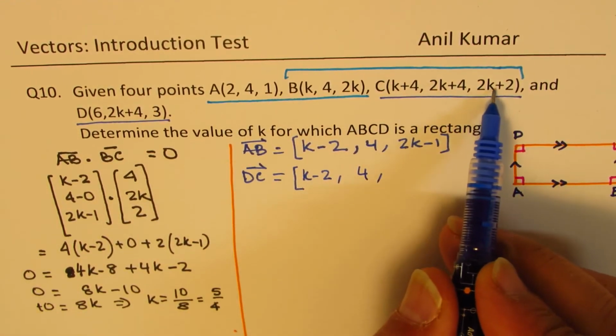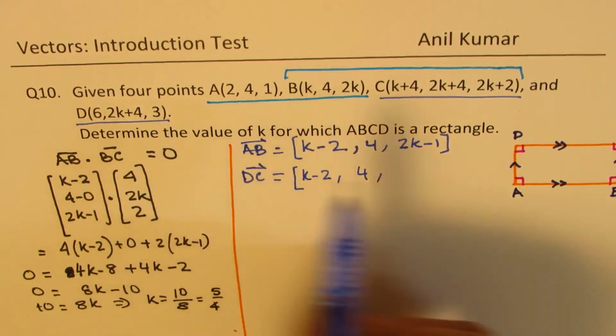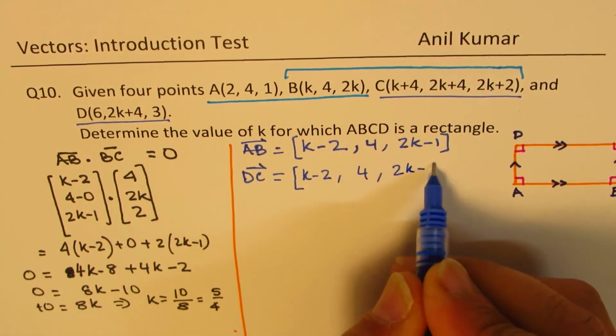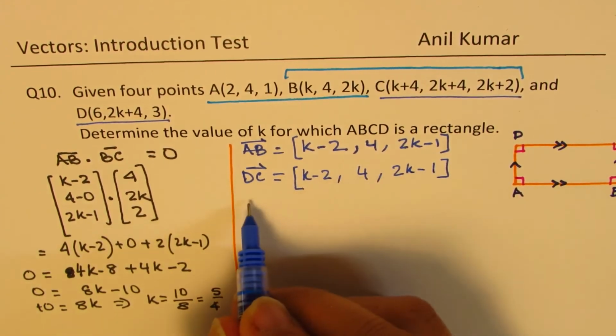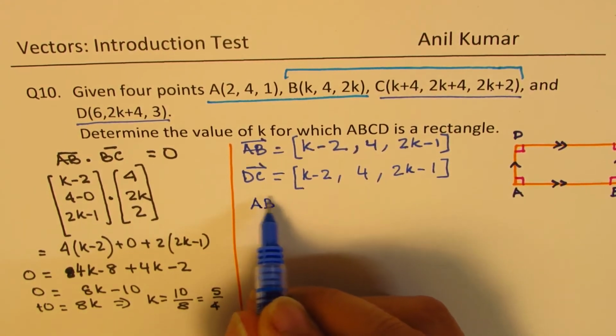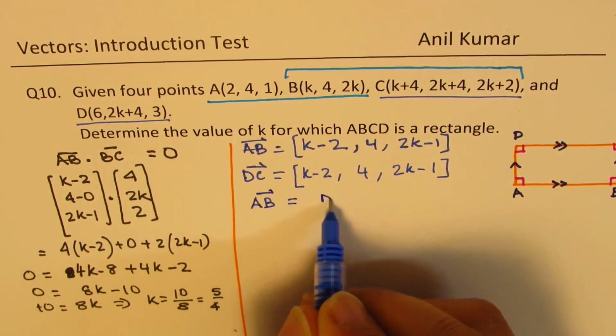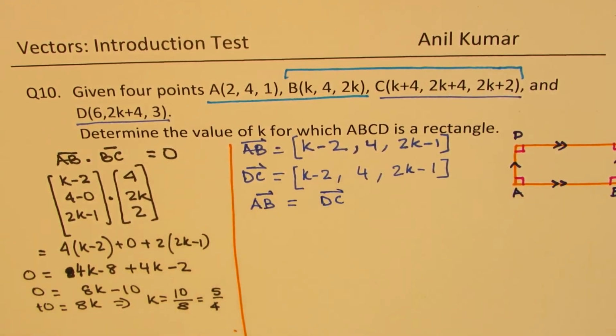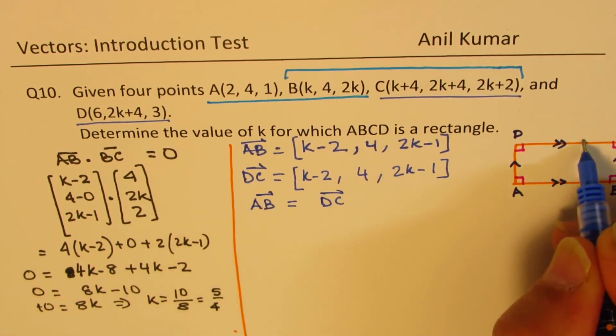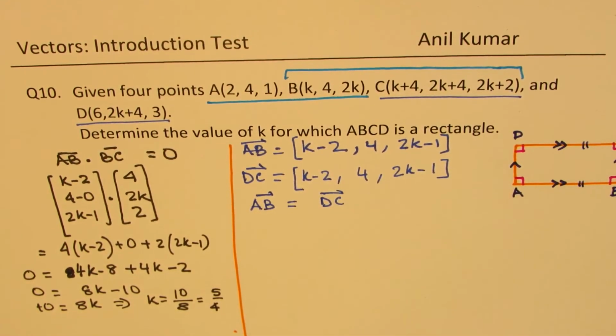And 2K plus 2 minus 3 gives us 2K minus 1. Correct? So that means that AB is actually equal to DC for any value of K. Right? So we know from here that AB and DC are equal.